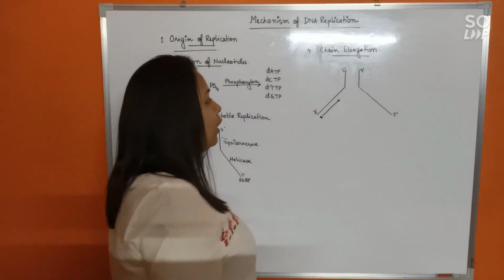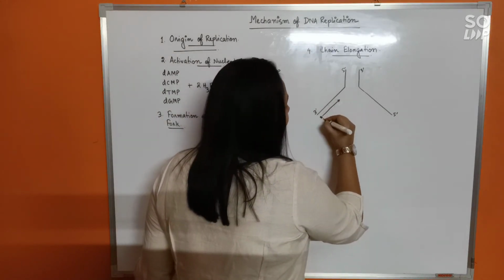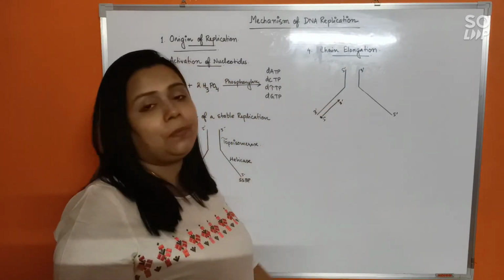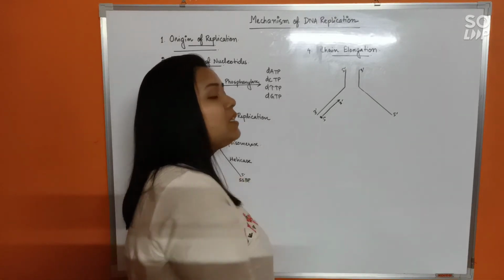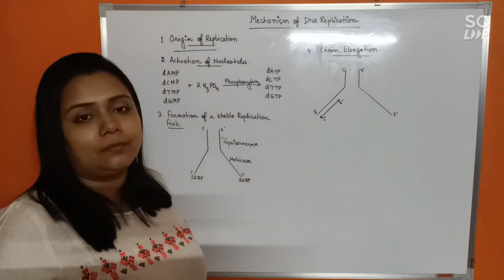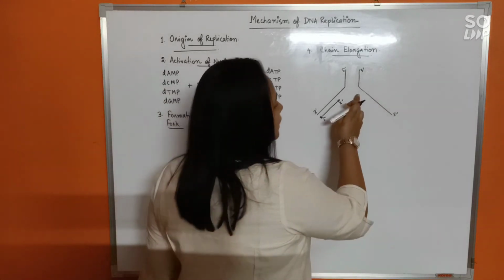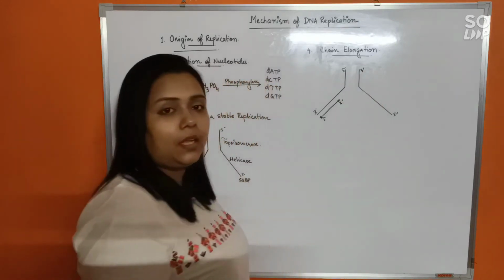Fine. So now continuously the chain elongation will keep happening in 5' to 3' direction, and this chain will be termed as leading strand. Leading strand synthesis will be rapid and will occur in a continuous manner. Fine. Now, what will happen to this parental strand running from 5' to 3'?